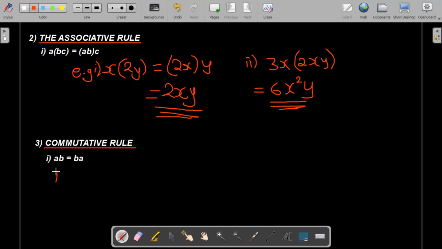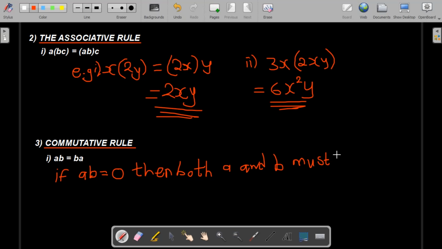Let me write that. It simply means that if AB is equal to 0, then both A and B must be 0.